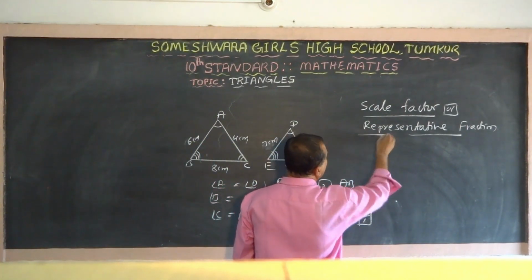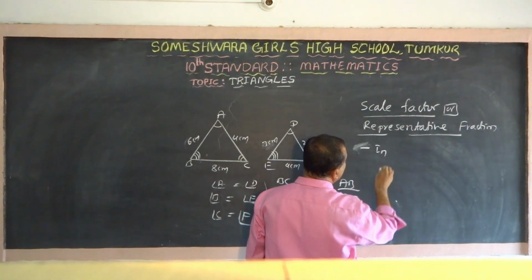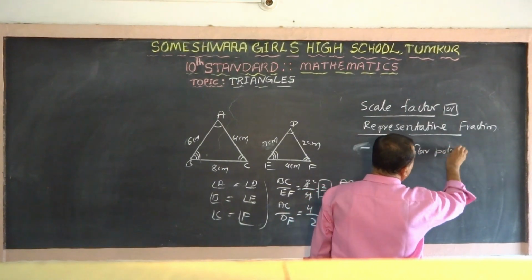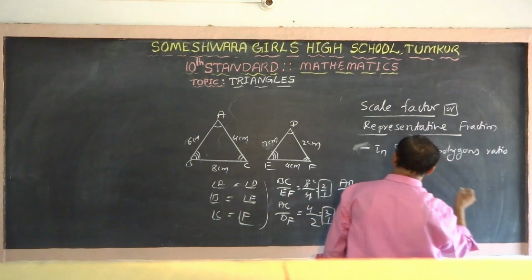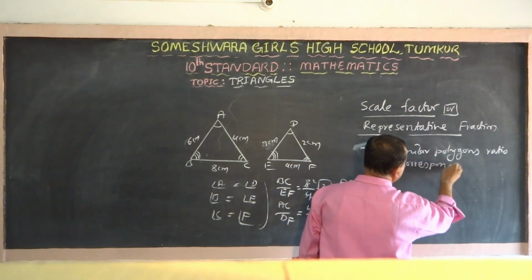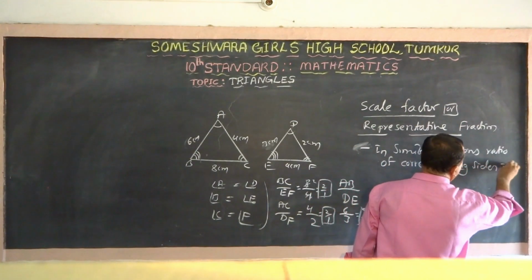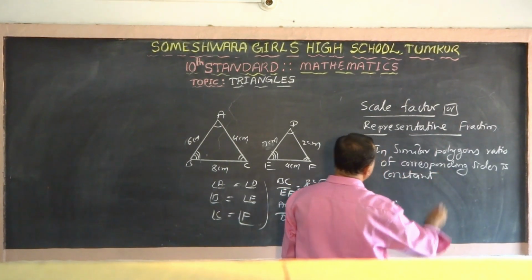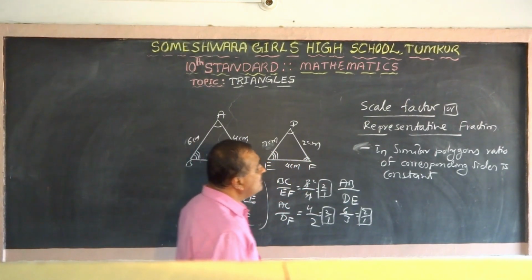You see, in similar polygons, the ratio of corresponding sides is constant.